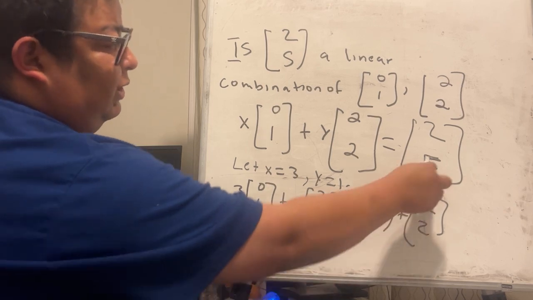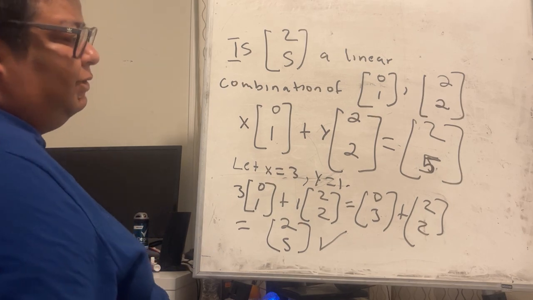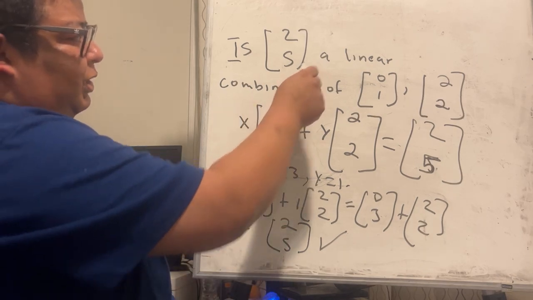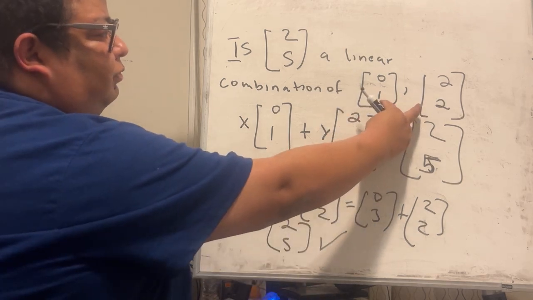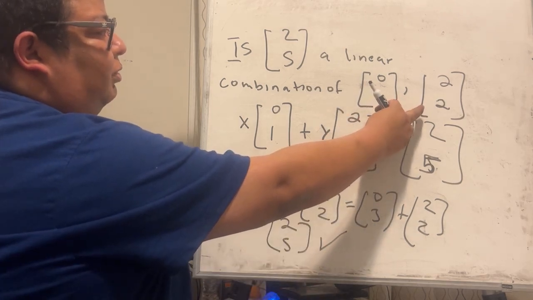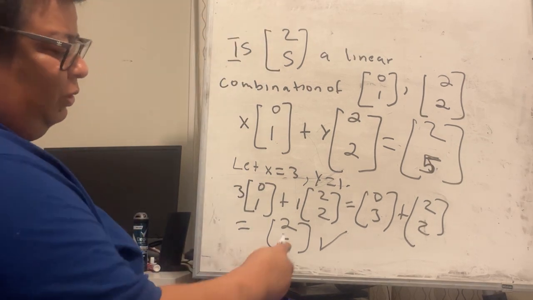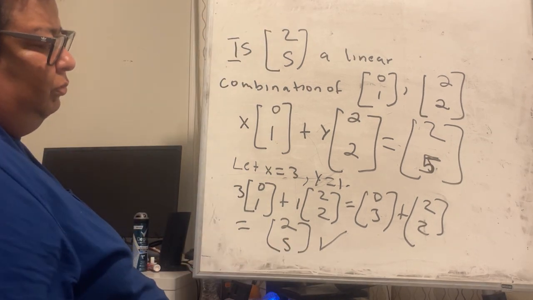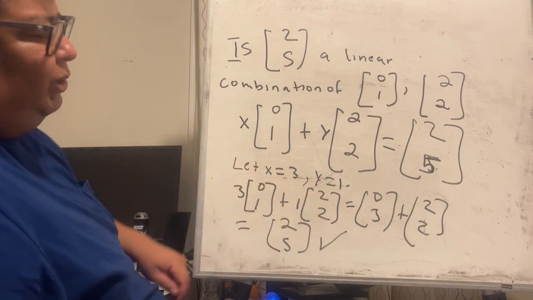So we got it. We got the right side. So that means that we do have a solution to the linear system. When we have a solution, that means that we do have a linear combination. These two can form a linear combination to get vector (2, 5), and we proved it here. And the solution to that system is x equals 3 and y equals 1.